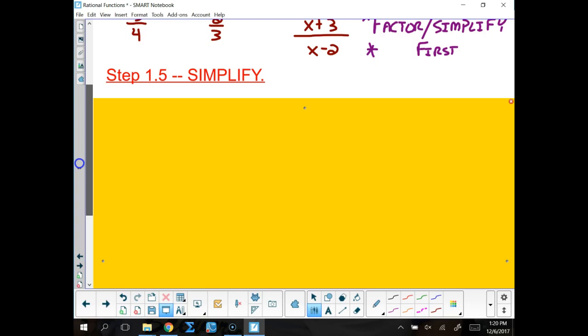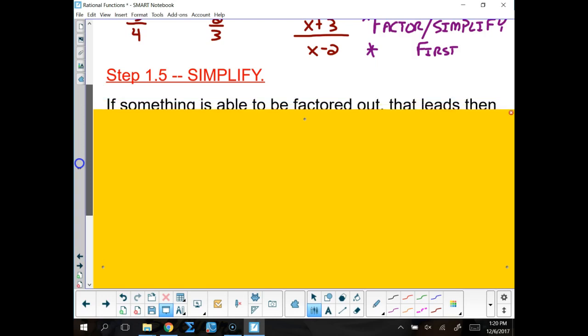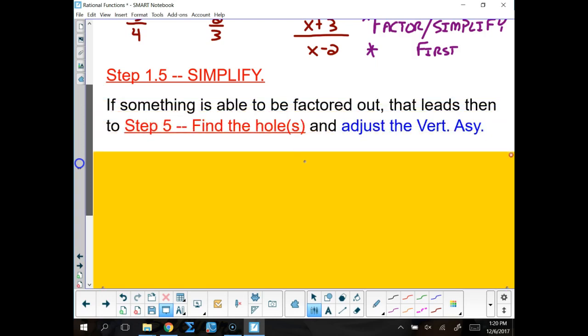Which means it comes after you find the domain and the vertical asymptote. So, we are going to simplify. If something is able to be factored out, that then leads us to step number 5, which is find a hole.